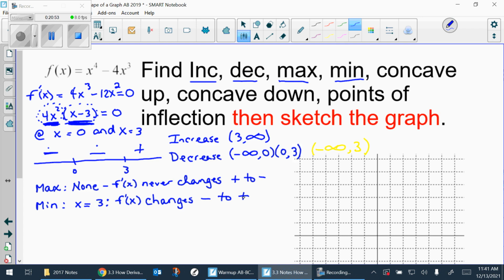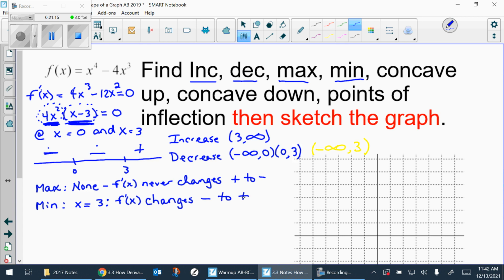People will say, oh, the slope changes from negative to positive. Well, yeah, the derivative, slope, those mean the same thing. So that's another way you could say it. I prefer to say derivative changes from negative to positive. Saying the word slope instead of derivative is acceptable.